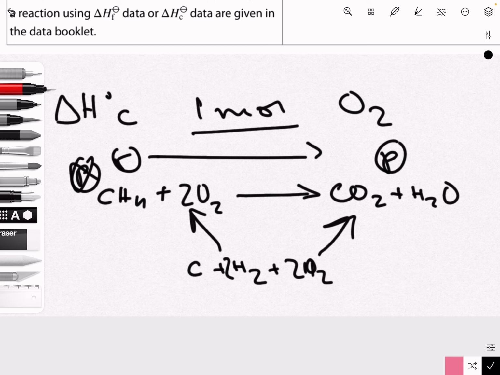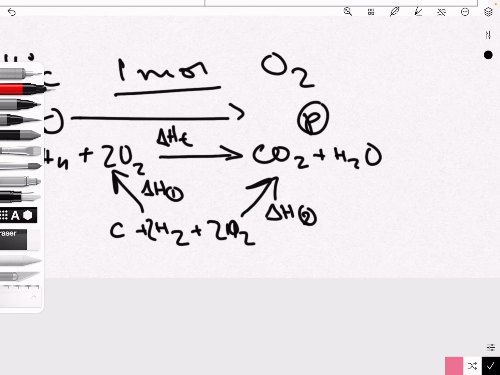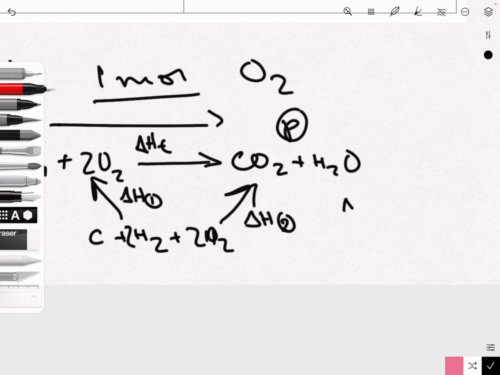So to calculate the change in enthalpy here, we need to essentially follow the path. So here we have change 1, and then we have change 2. So to find, let's call that change total over there, just a bit of math.